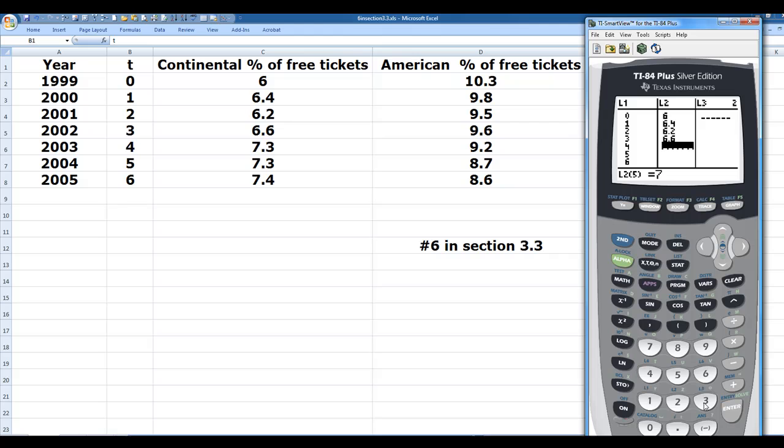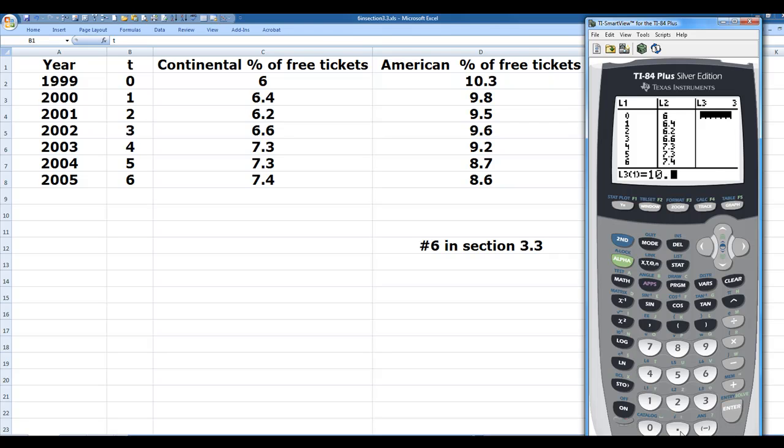Then 7.3, 7.4, and then we go to the third column.